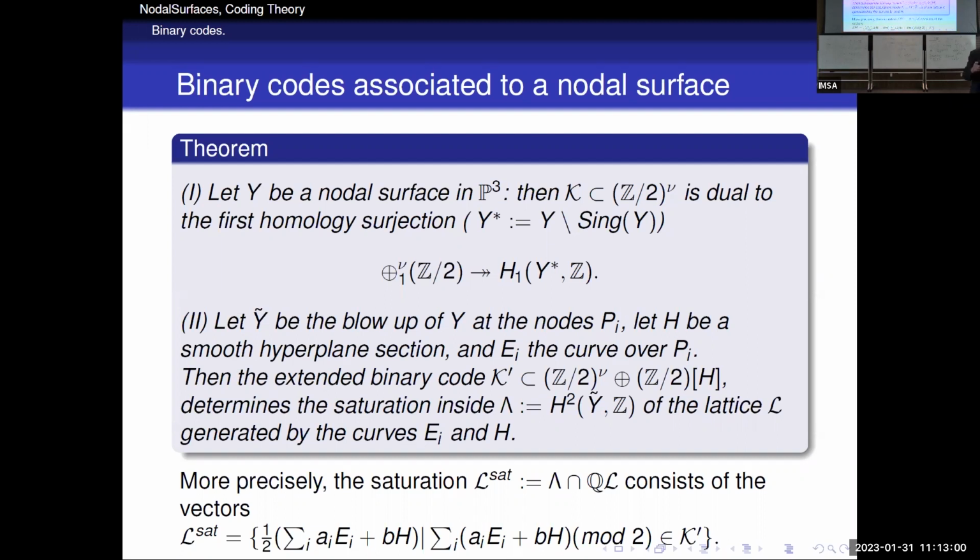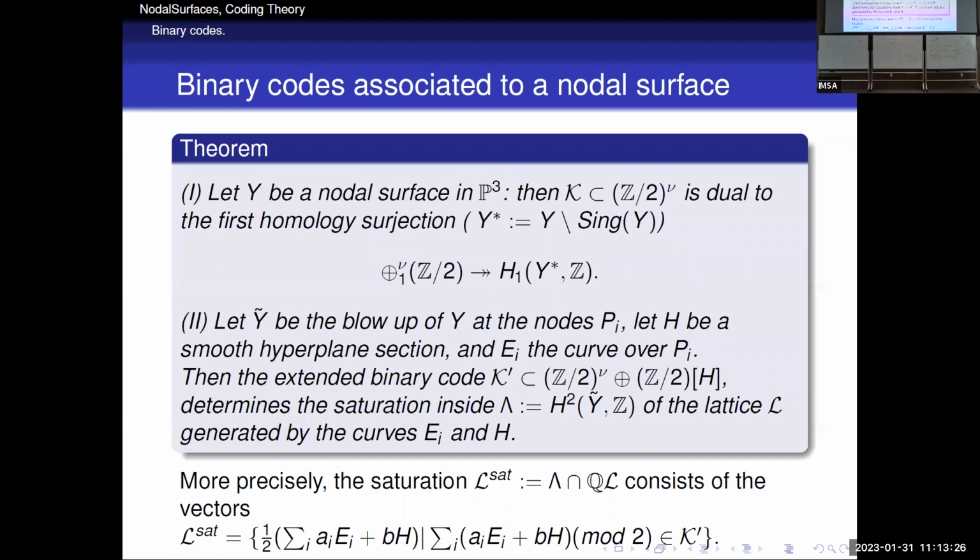The nodes are just C^2 divided by plus minus 1, so the first homology is just Z/2, because that's the local fundamental group. So there is a geometric meaning: this code is just the dual of this surjection.